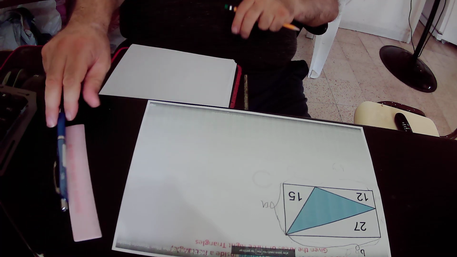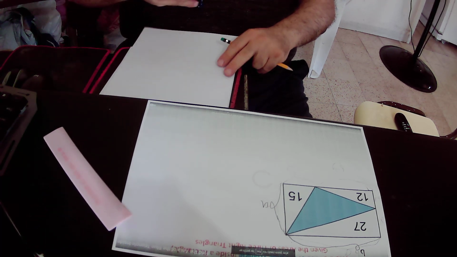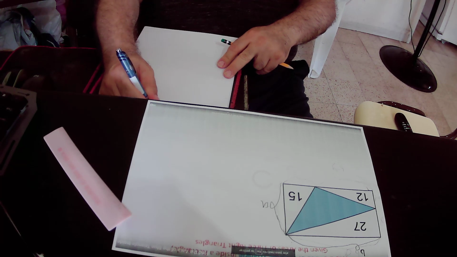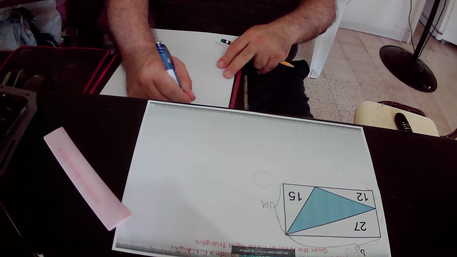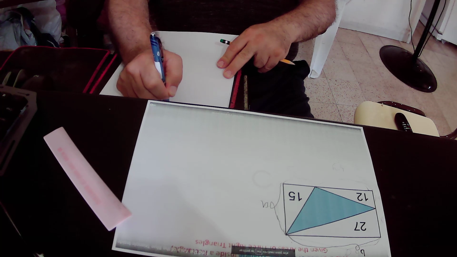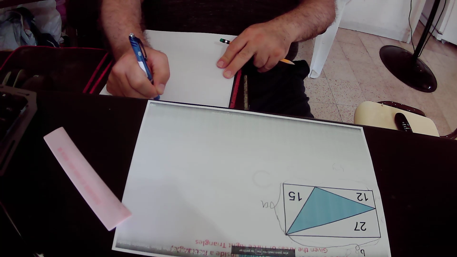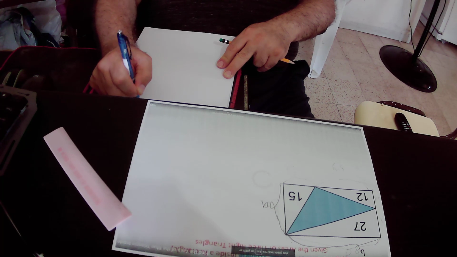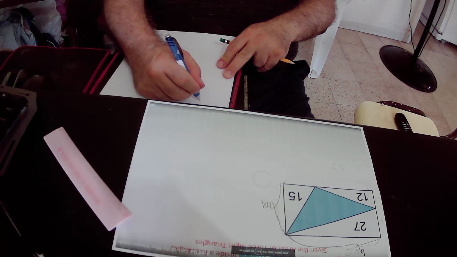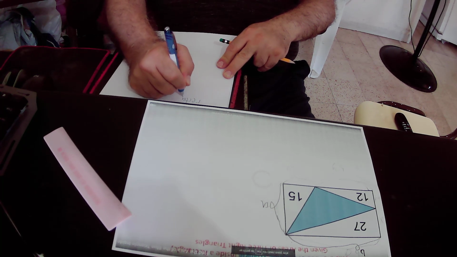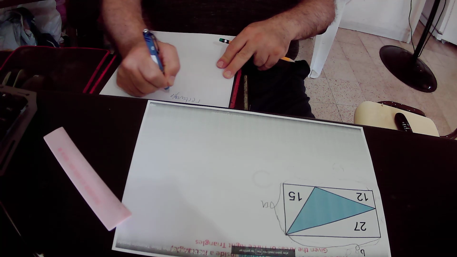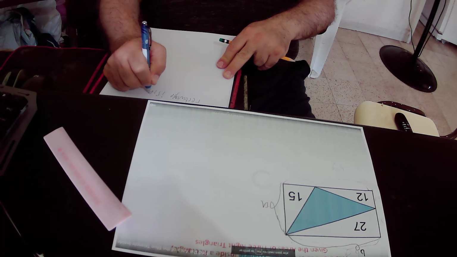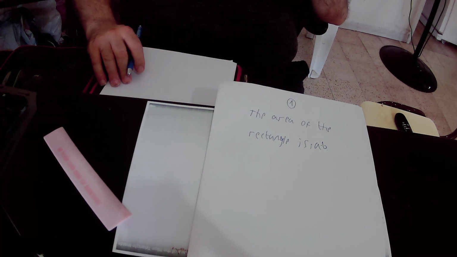Okay, write it down: the area of the rectangle is A times B.